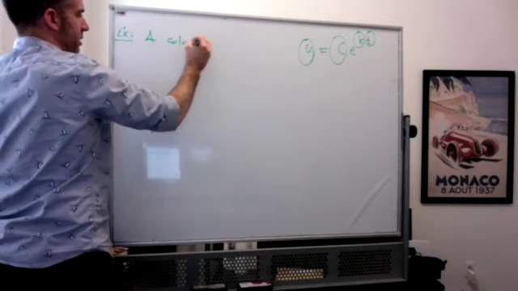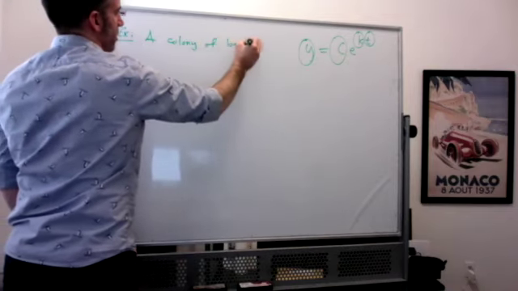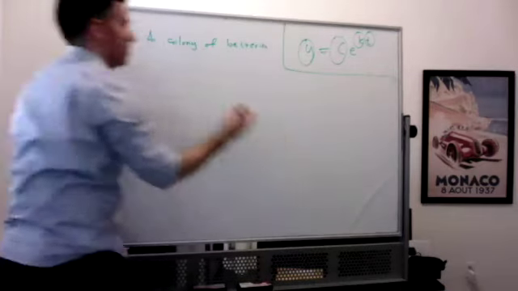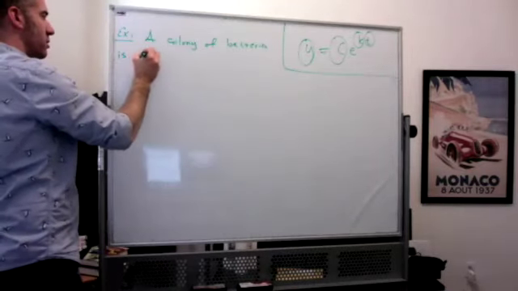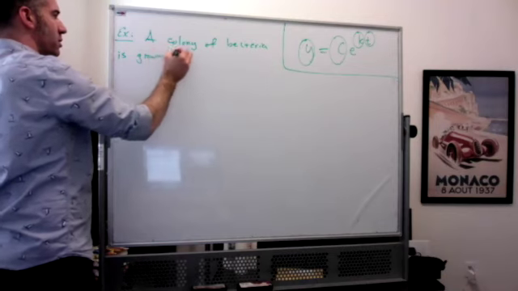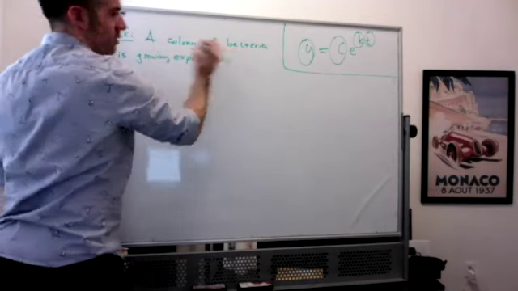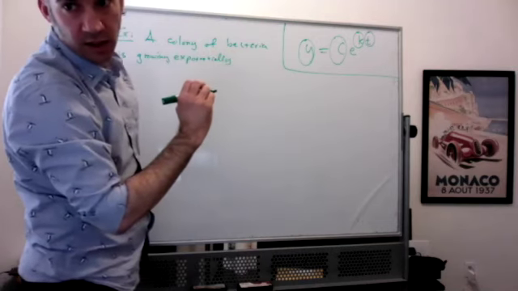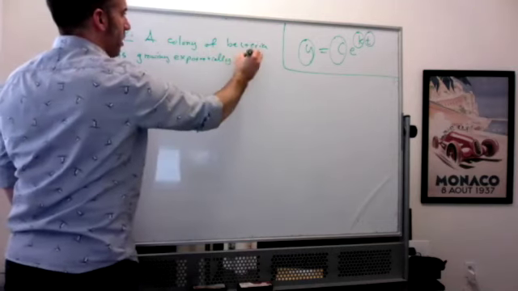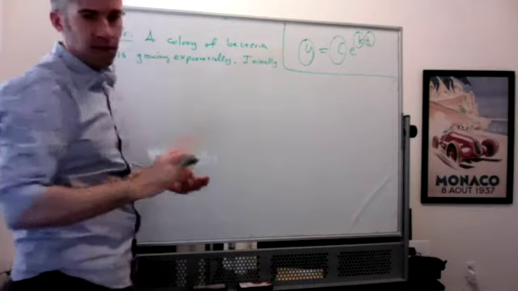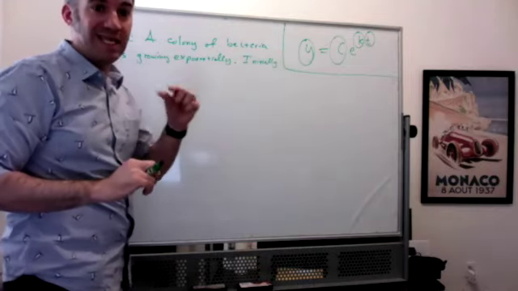A colony of bacteria over here is growing exponentially in a petri dish. Initially, so when I use the words initially or at the beginning or whatever, that means when t equals 0, right?